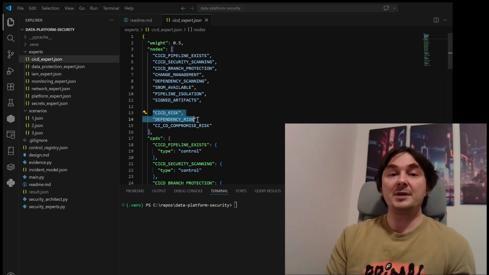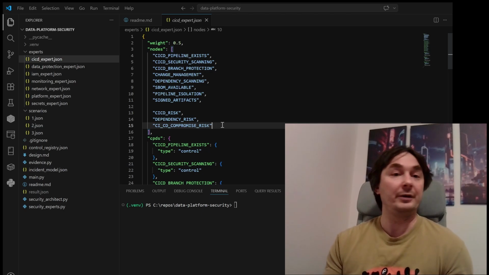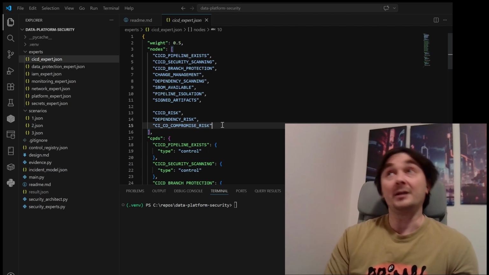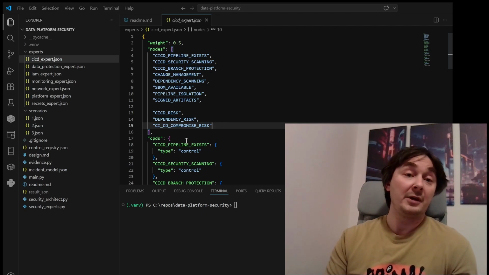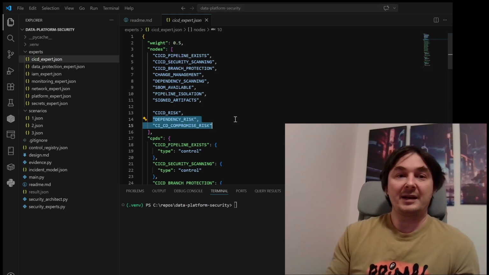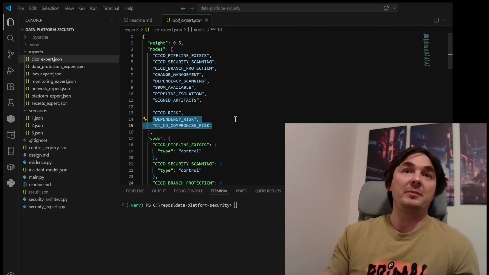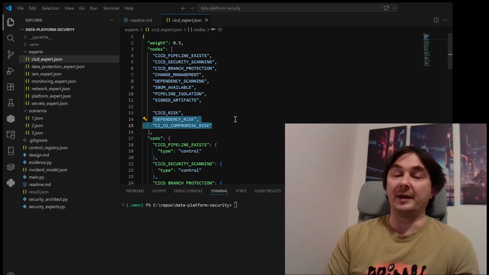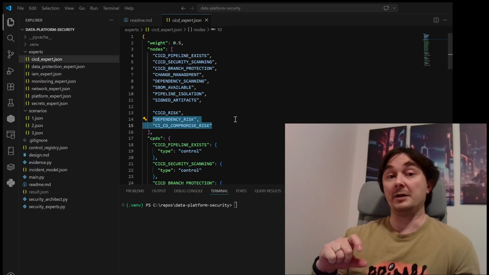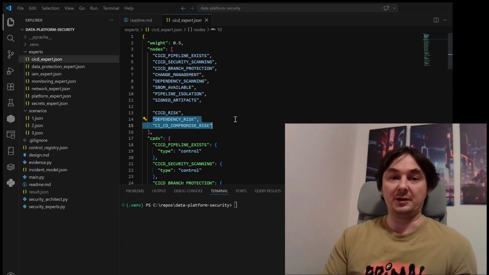In terms of risks, this expert is responsible for a generic CI/CD risk that is not actually used right now, but two more that are easier to understand are the dependency risk, meaning that there might be a risk about the dependencies. It might be dependencies created by the platform itself or some third-party dependencies.